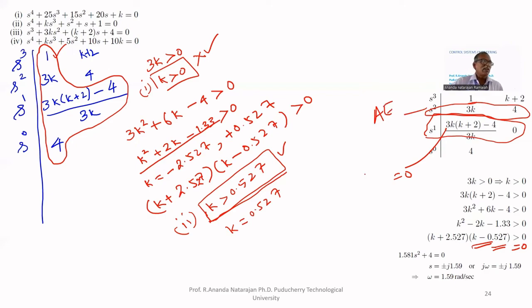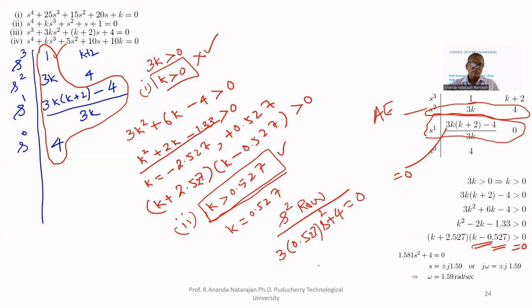Auxiliary equation means we can find the poles on the j-omega axis. Therefore, take the S^2 row and substitute the K value: 3 times 0.527 plus 4, S^2 plus 4 equal to 0.